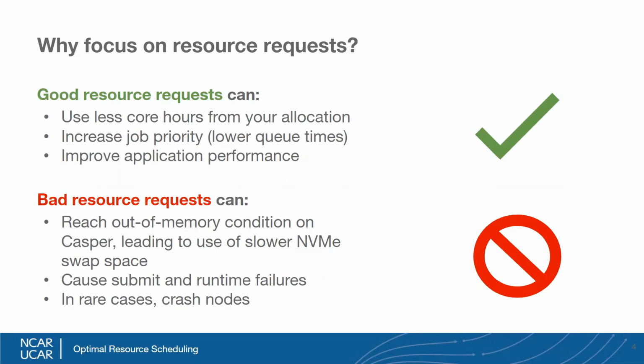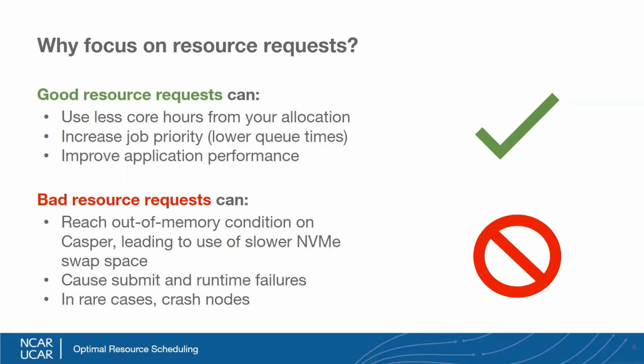This is like a solid state disk that's used as an overflow if you run out of RAM, and that runs significantly slower than accessing data in RAM. So that can lead to very slow application performance in a not obvious way if you're not looking out for it. And it can, of course, cause submit and runtime failures. Those we always want to avoid.